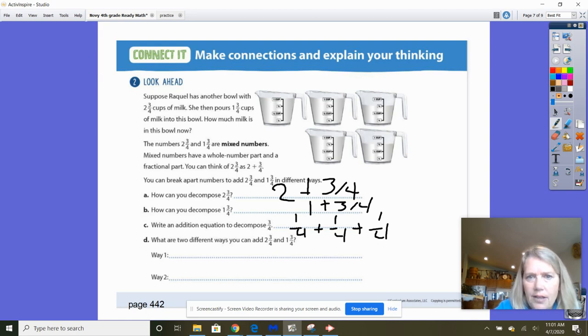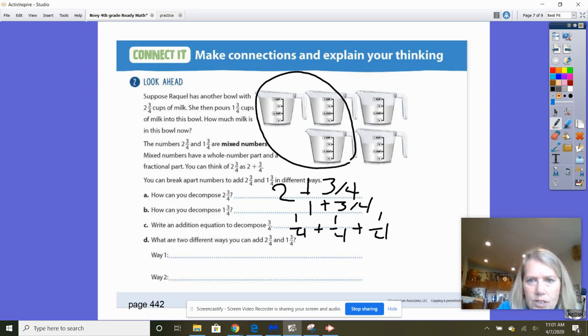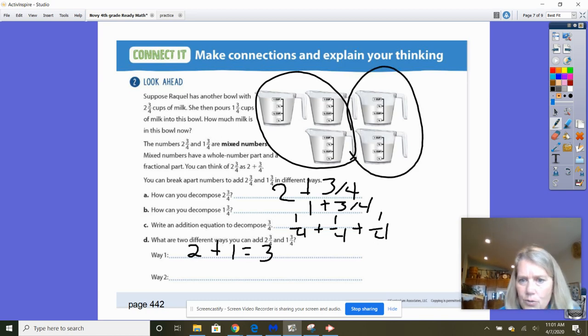Up here in the picture, I think I would probably add the wholes together. So 2 plus 1 to get 3. And then you've got a 3/4 plus a 3/4, which would be a 6/4.